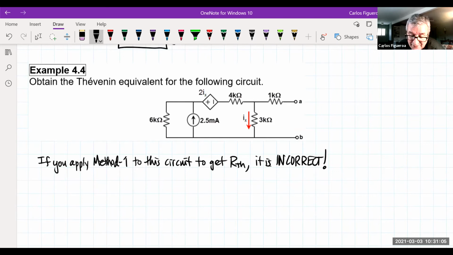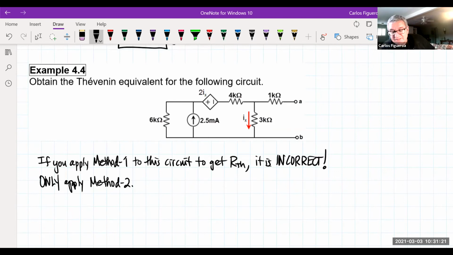And so what we got to do here is that we can only apply method 2. Method 1 has you calculate VOC. So if you actually did VOC correctly on this, I'd give you all the points for the calculation of VOC.